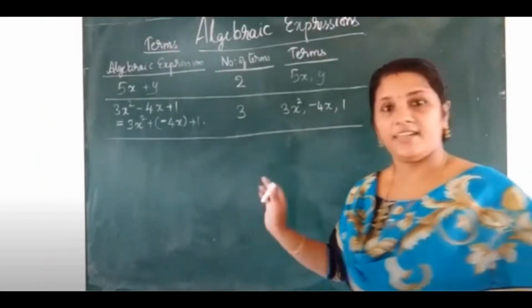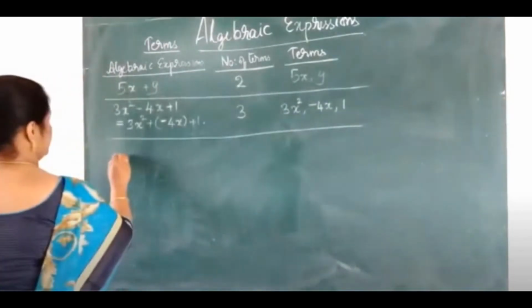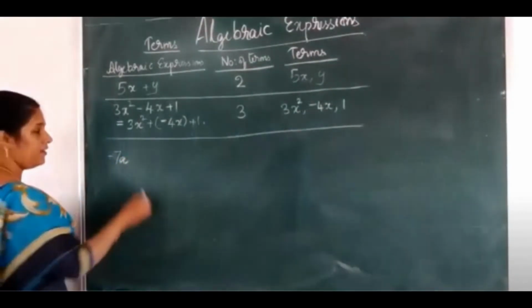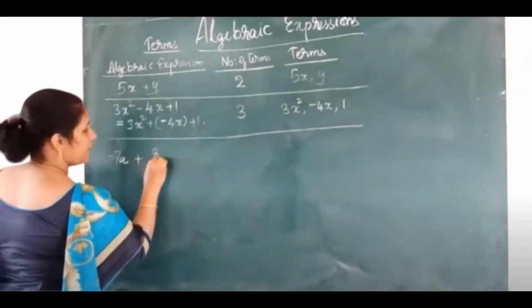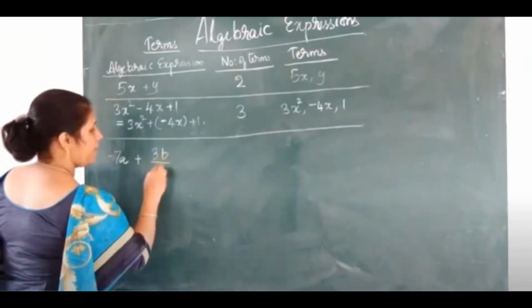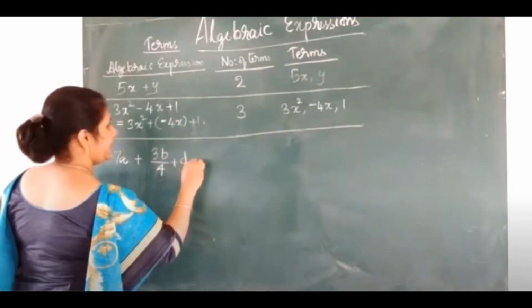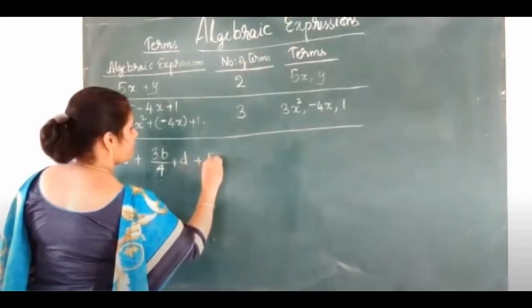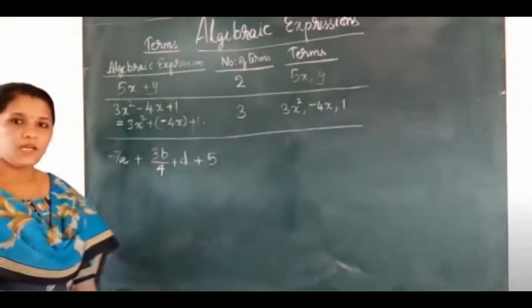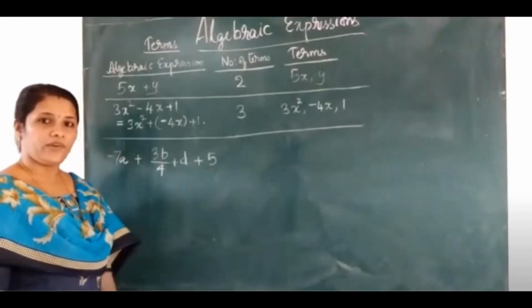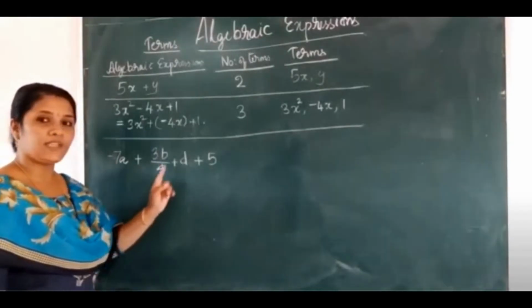Let me write another one: minus 7a plus 3b by 4 plus b plus 5. In this expression, you can count, right? How many terms are there?